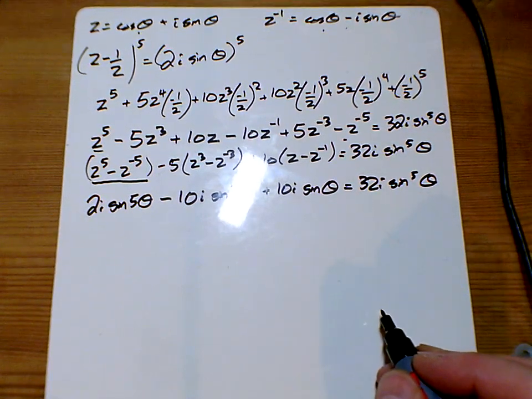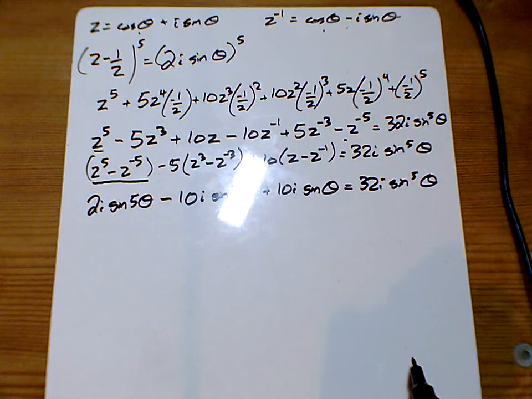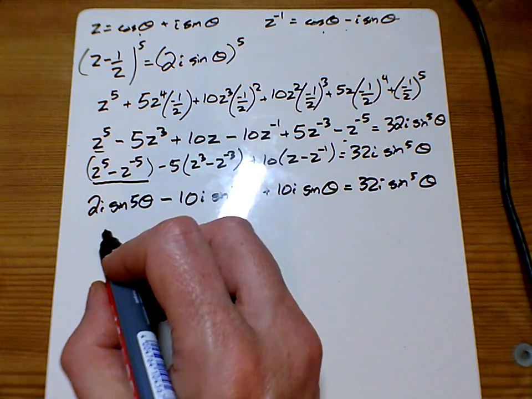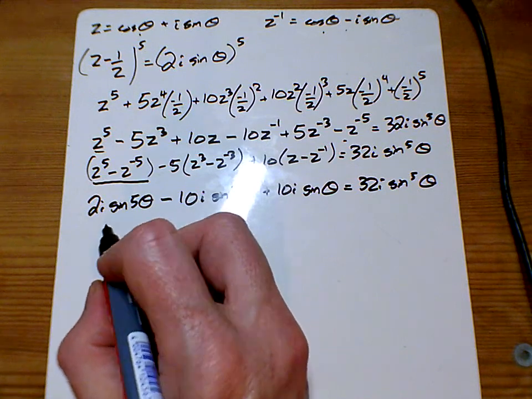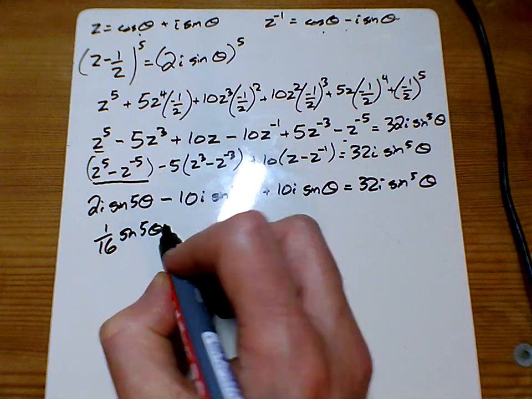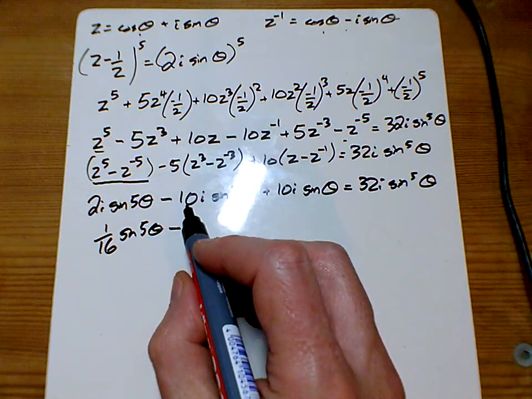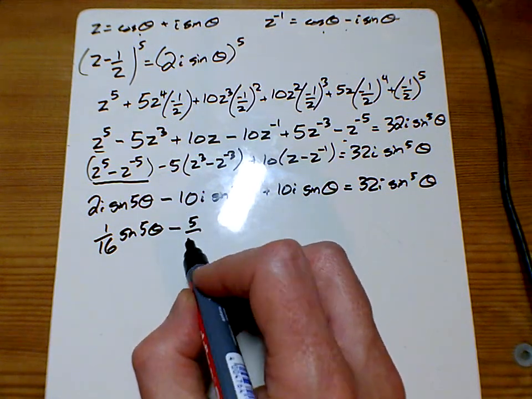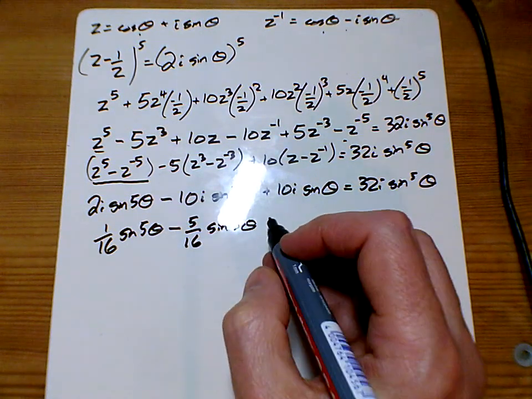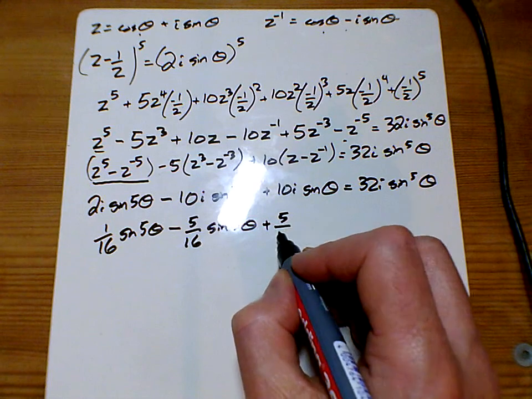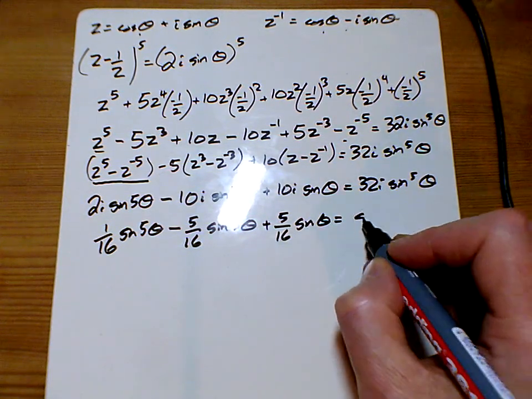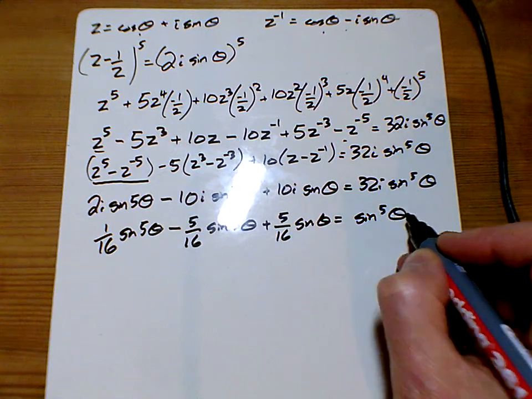Dividing everything by i and dividing everything by 32 gives me 1 over 16 sine 5 theta minus 5 over 16 sine 3 theta plus 5 over 16 sine theta equals sine to the power of 5 theta.